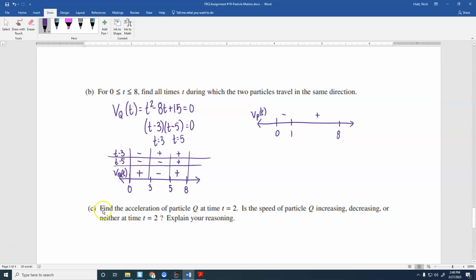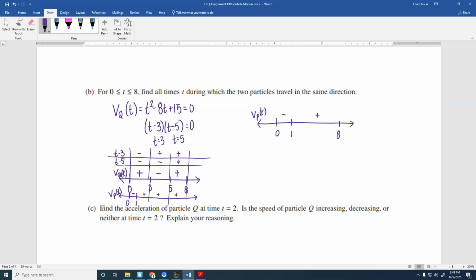It may even be helpful to put the sign line I just made right here and line it up, because we got that v sub p of t. We got a negative from 0 to 1, and then positives everywhere else on that line.